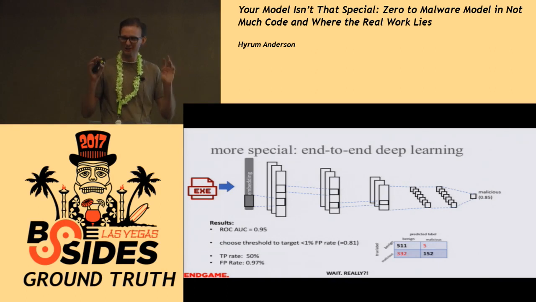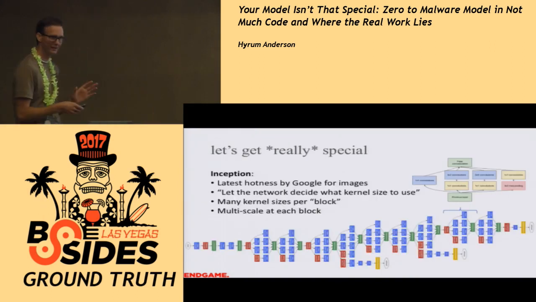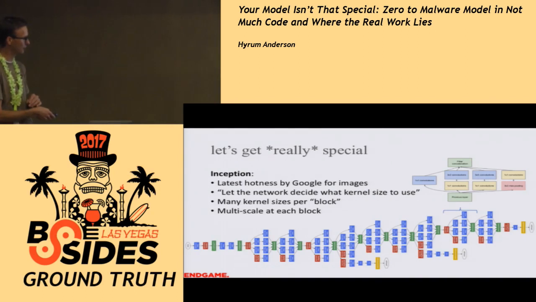Let's get really special. Let's go to 2014, 2015, and apply some really cool technology. The reason you can't see this is that it's hard to appreciate the scope of these models. This is called the Inception Model, done by Google.